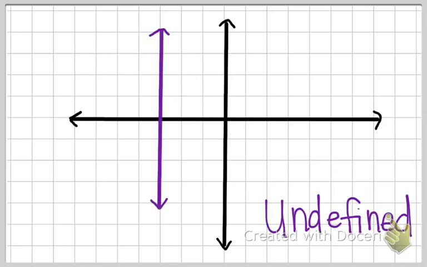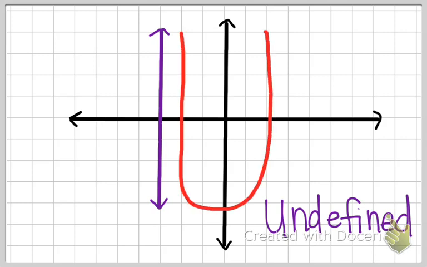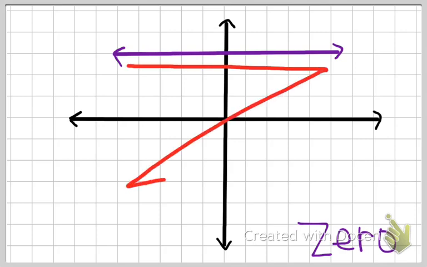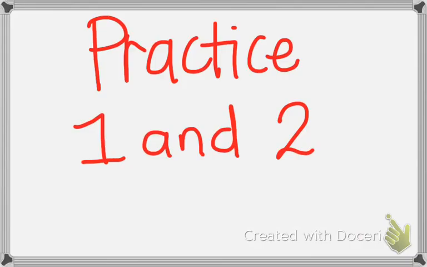Graphs that are vertical can help us create the letter U. This will help us remember that it is undefined. A graph that is horizontal helps create the letter Z, so we can remember that this line has a slope of 0.